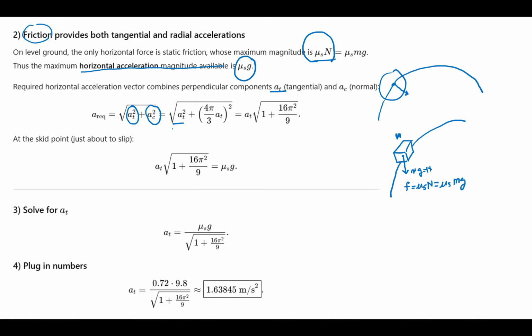Okay, so we are going to put the AC here, and then we have this one. And then what is going to happen here is that this total acceleration should match the frictional force. So, to be clear, we have an AT and AC, okay?